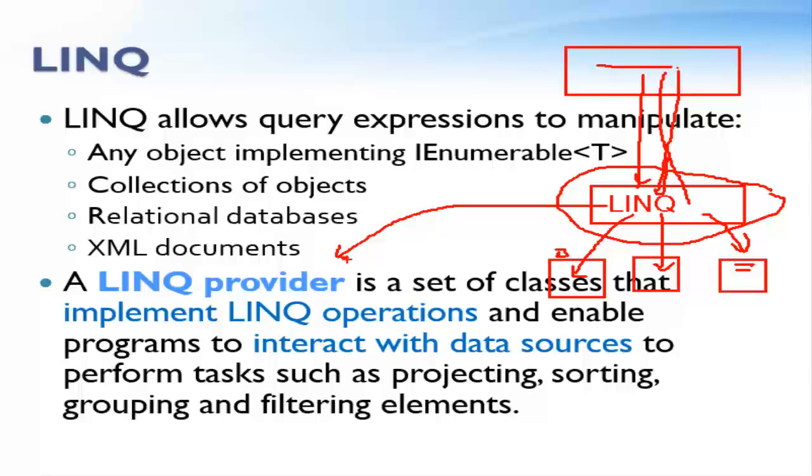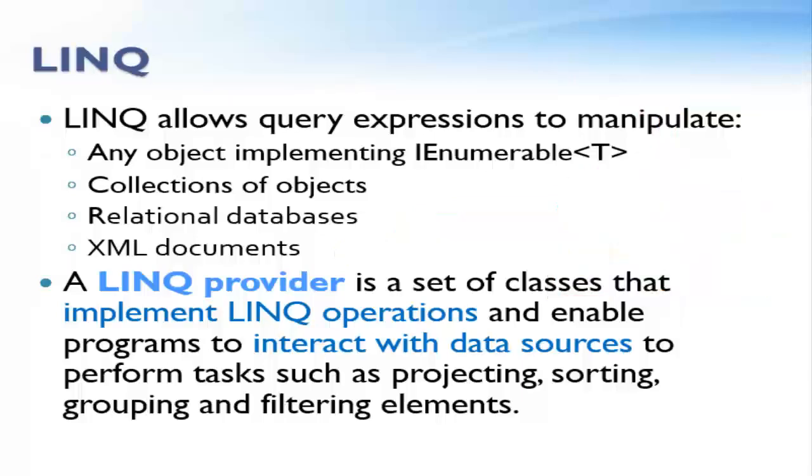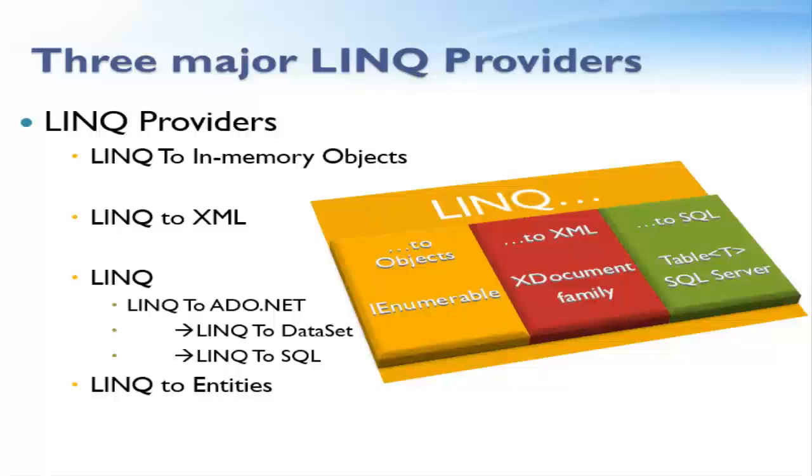So we have a provider. A provider is like a translator that takes your standard Linq syntax and converts it into a format that is recognized by the different sources. So we have providers for databases, for directory access, for the cloud, and so on. We have different types of providers.